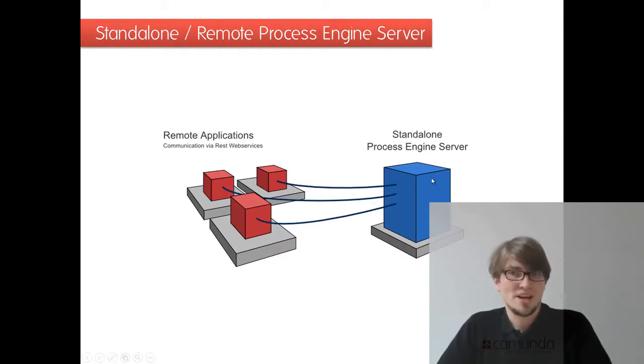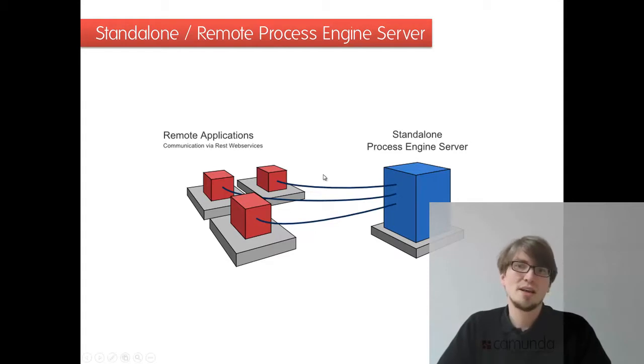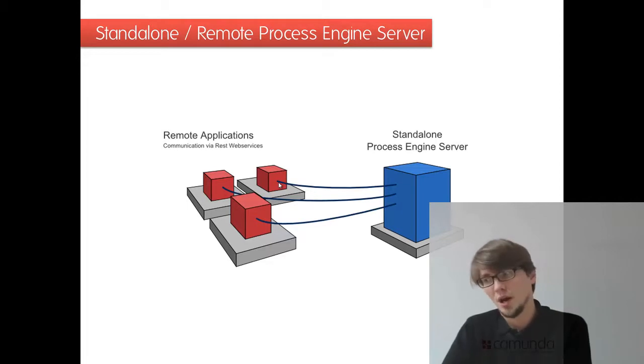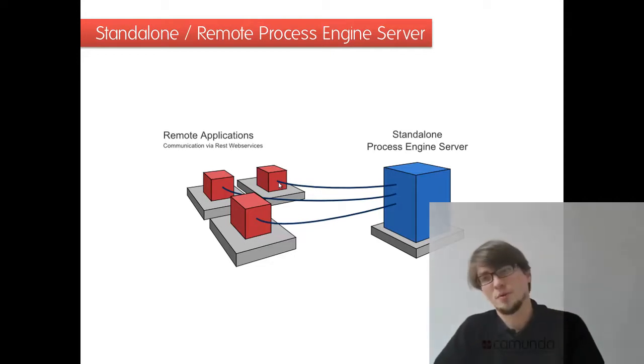So that's basically possible with Camunda BPM as well. So you can start up a container like JBoss or Tomcat or whatever, and then you have the REST API, and basically you have other applications talking to your process engine via REST, and you do the callback via REST or SOAP, whatever, as well.